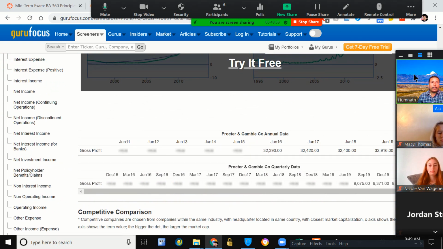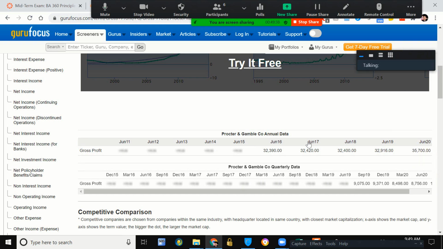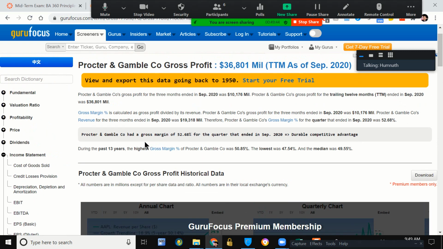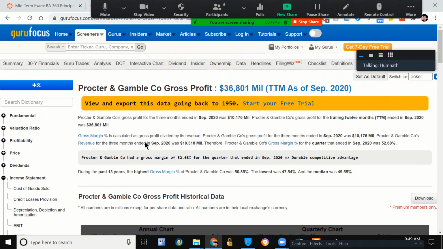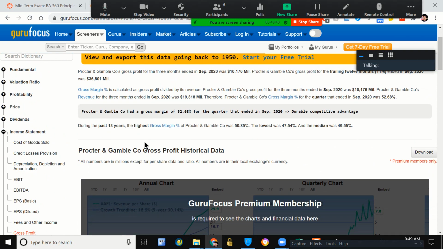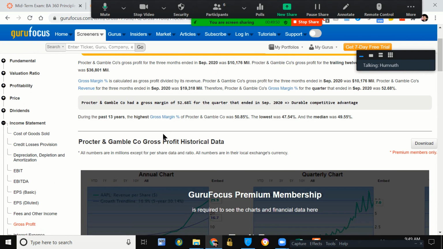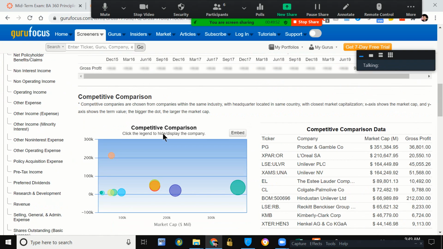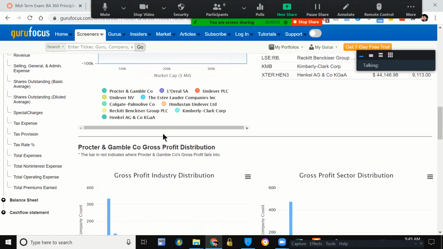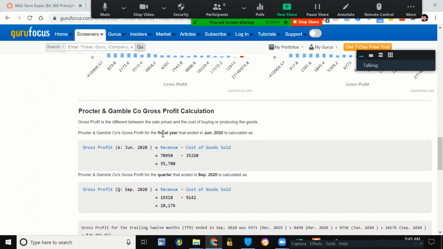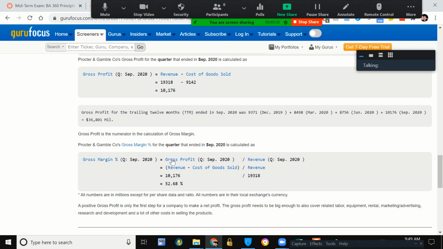So this is what you're going to see. This is where we're going to be looking. This is gross profit, but we are looking for profit margin, right? So where do you find that profit margin? Gross margin, gross profit.